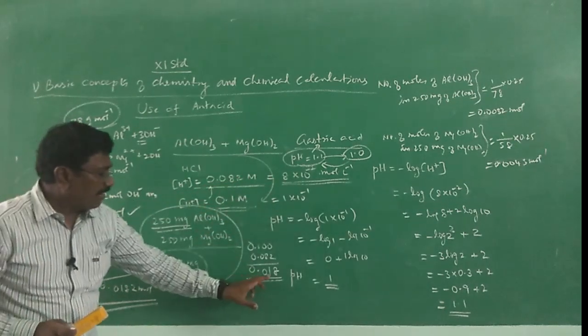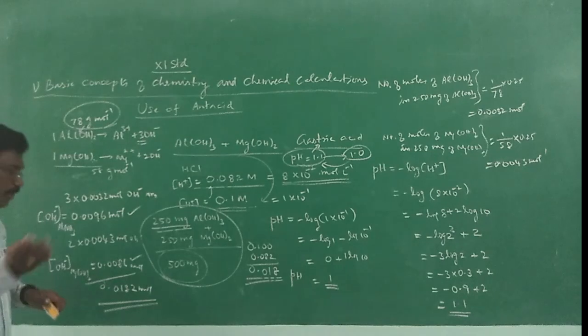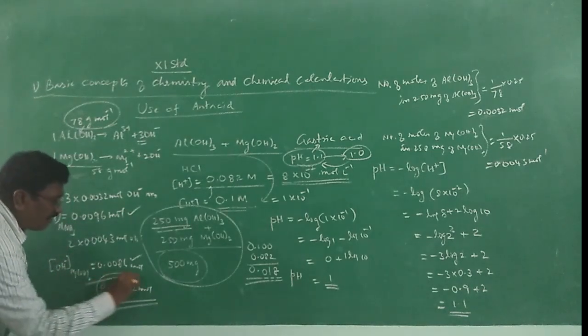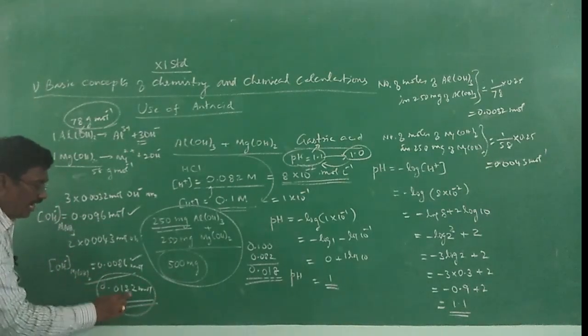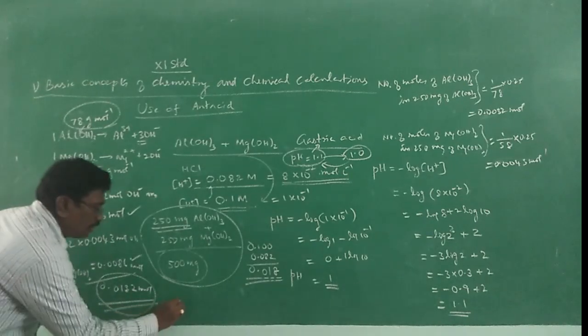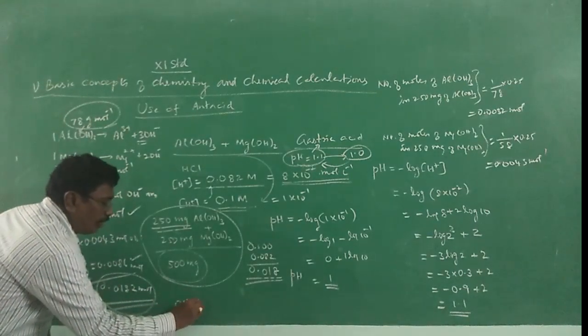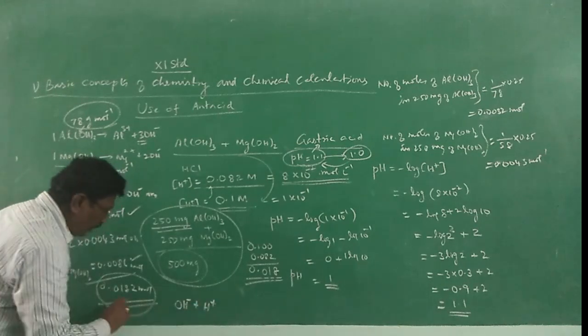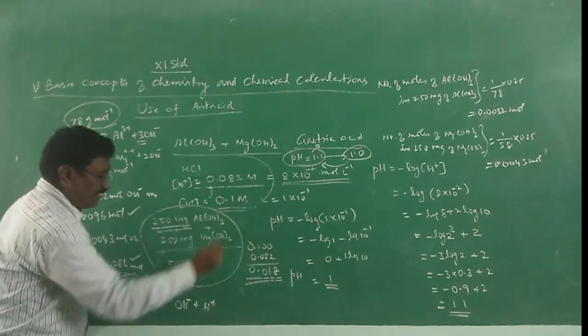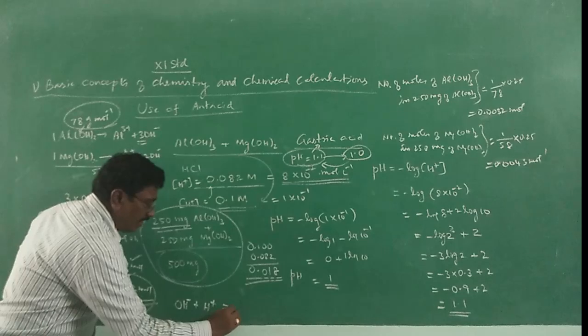The difference is 0.018 I said. It has to be reduced. Yes. Since we have got 0.018 moles of hydroxide ions, they will neutralize 0.018 moles of hydrogen ion, that is excess hydrogen ion. It will be nullified. It will become zero.